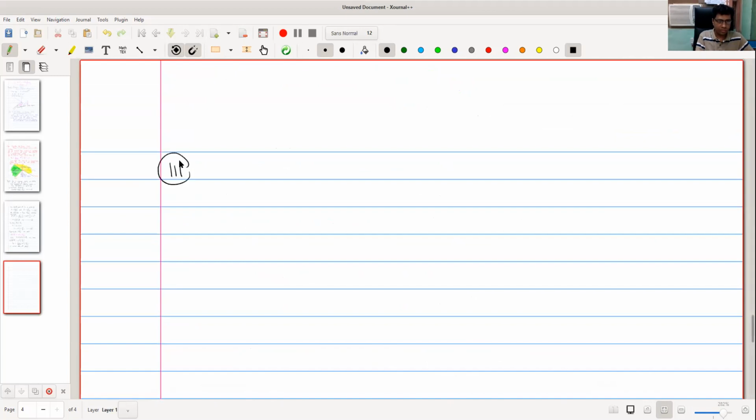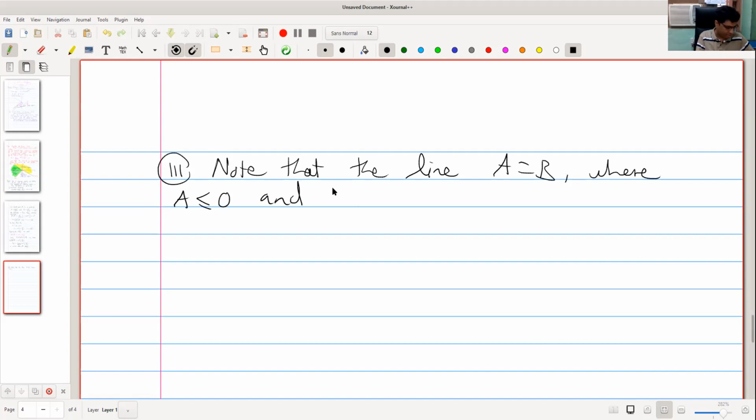Third, note that the line capital A equal to capital B, where capital A less equal 0 and capital B less equal 0 lies in the stable region.